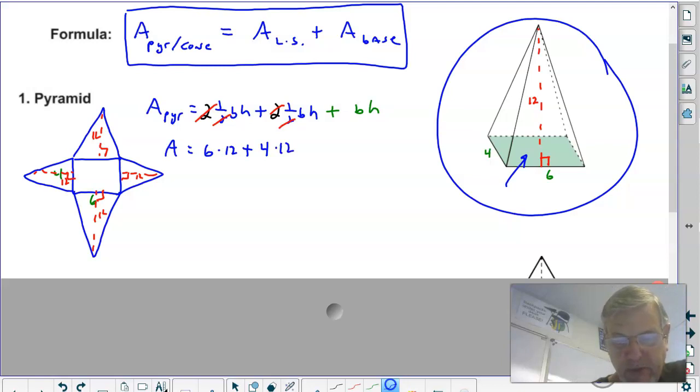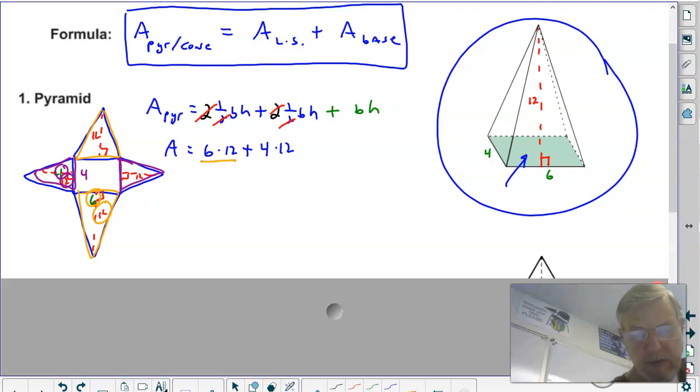Let me go back and show you exactly what I mean using some color. Taking a look at these two triangles, notice the base is 6 and the height is 12. Then the other two, and remember the 2's and the halves canceled out, would be here and here. Notice the base is 4 and the height is 12. So that's how we got to here.